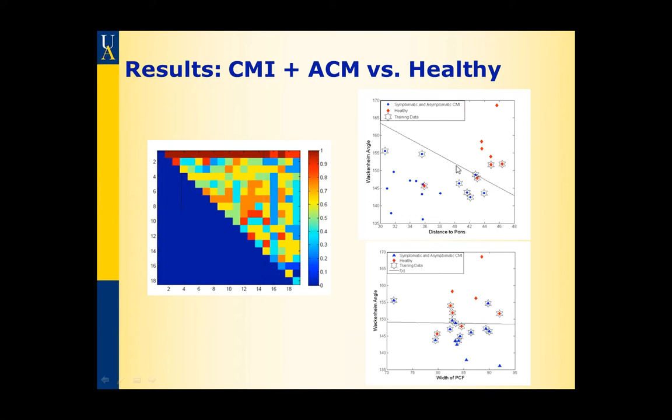Basically, this line is our classifier. It is telling us people on the right should be healthy people, and people on the left should be Chiari patients. This classifier is using the Wackenheim angle, I'm not sure how to pronounce that correctly, and the distance to the bones.